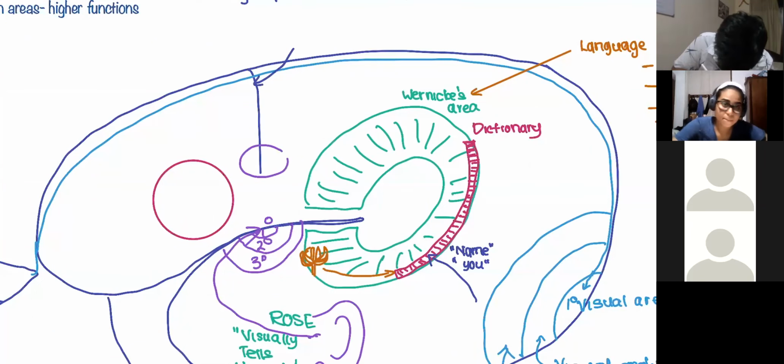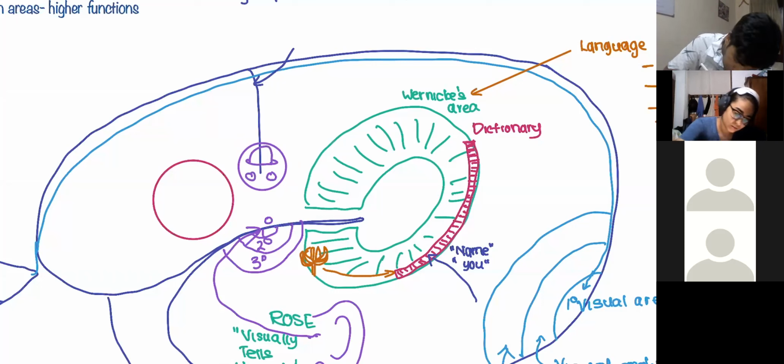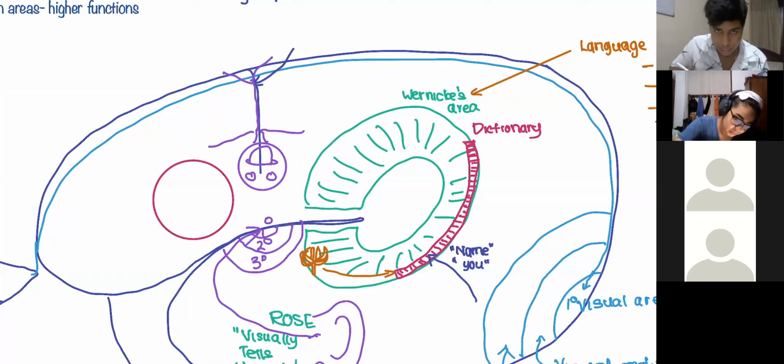Why is it important? Remember this: right next to the Broca's area is going to be your mouth, your face, your upper body. That means when Broca's area is stimulated, it will send motor signals to your mouth and all of those areas.